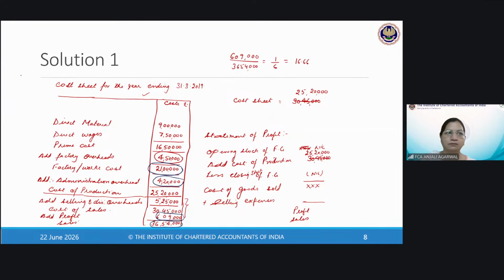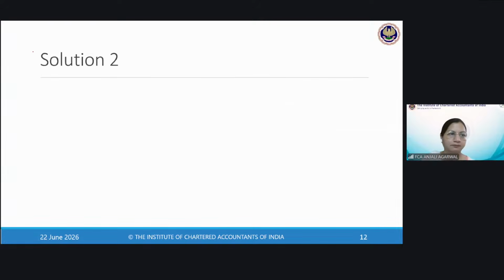Now, to calculate profit, which is given as a percentage of sale, but you have in your hand not sales, but cost. So it's very easy to calculate this. I'll show you in a blank sheet. So if it is said 5% on cost, 5% becomes a fraction as 1 by 20. So on sales, this means one part is profit, 20 part is cost.